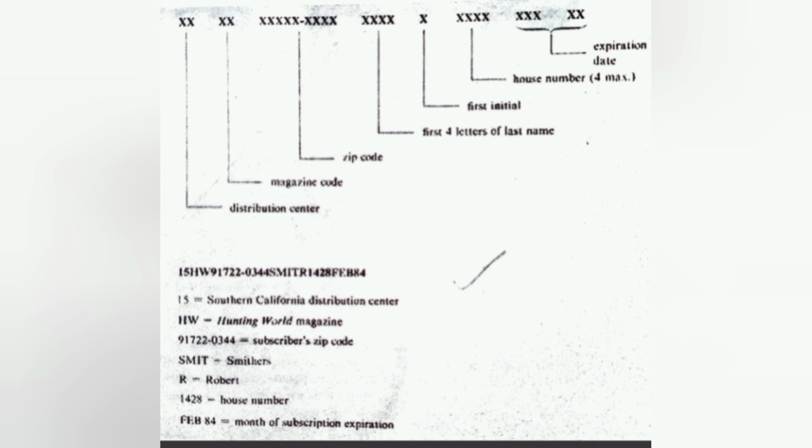The code not only uniquely identifies the subscriber but also provides information about the distribution center, zip code, the magazine's name, and the expiration date of the subscription. Mailing labels can be printed in zip code sequence within the distribution center for ease of handling for shipment. Renewal notices can be sent within the selected time periods.